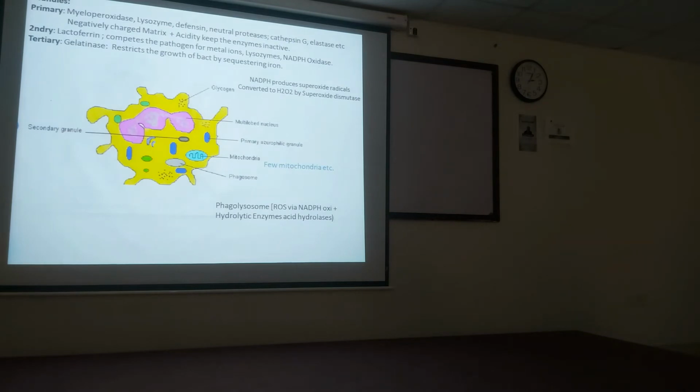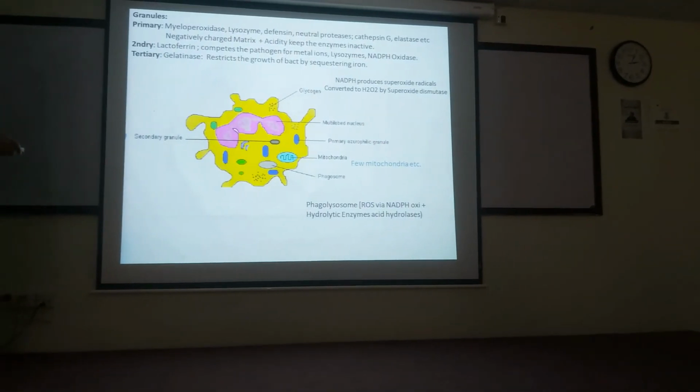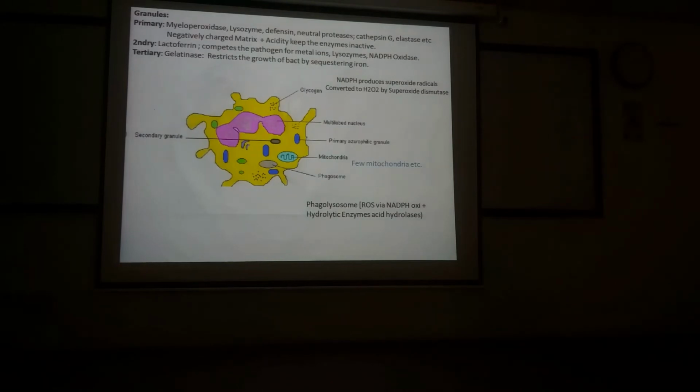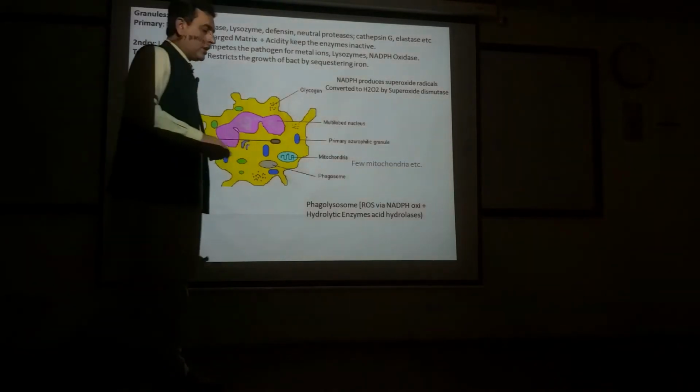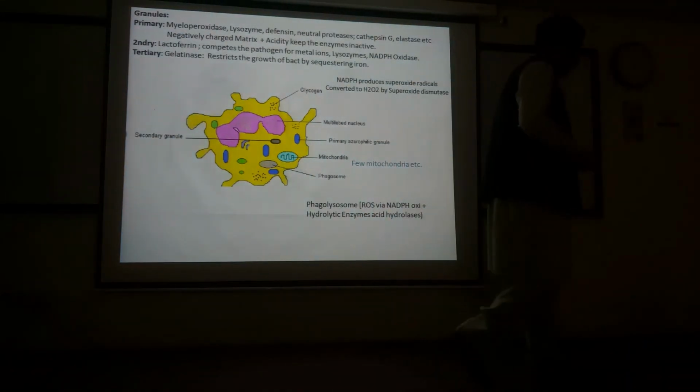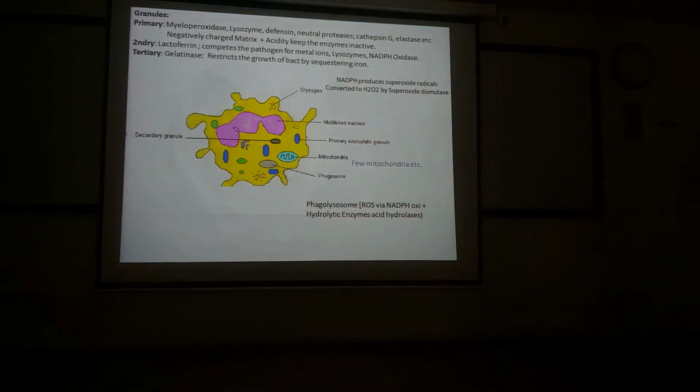Then if you look at the granules, there are different types of granules. There are primary eosinophilic granules, there are secondary granules, and there also are tertiary granules inside these neutrophils, and there are very few mitochondria in the neutrophils because the role of these mitochondria inside the neutrophils is also not very well defined. And what are the mitochondria doing in other cells?